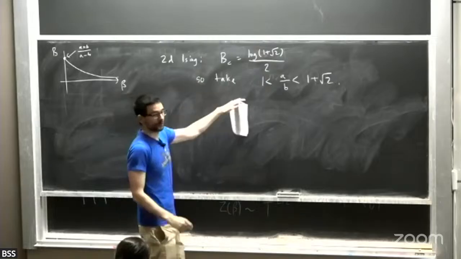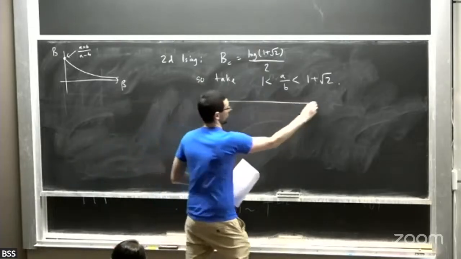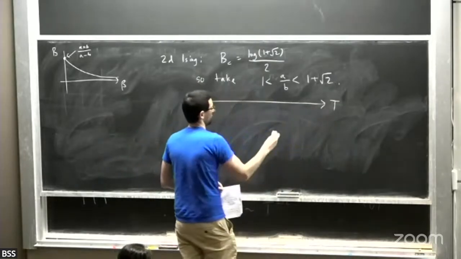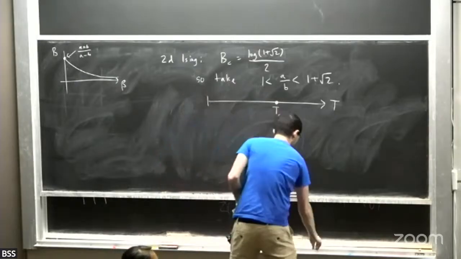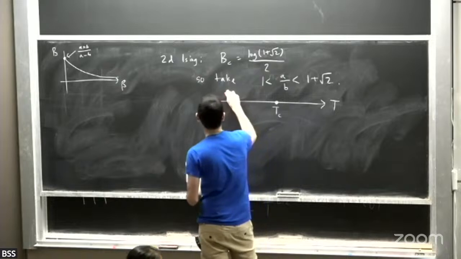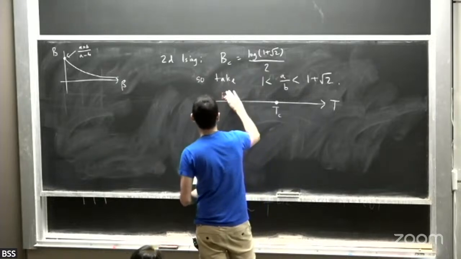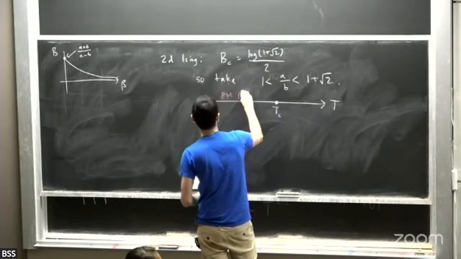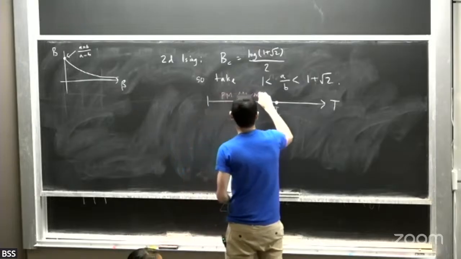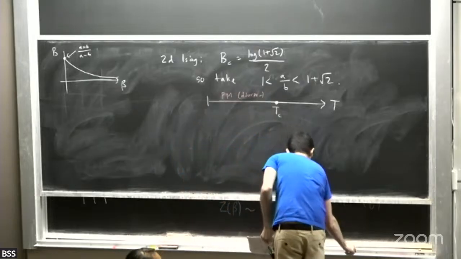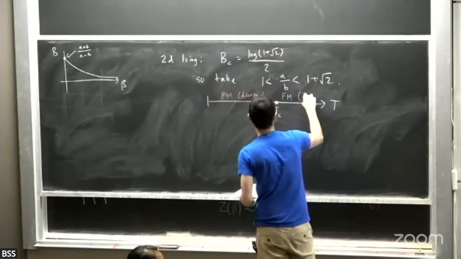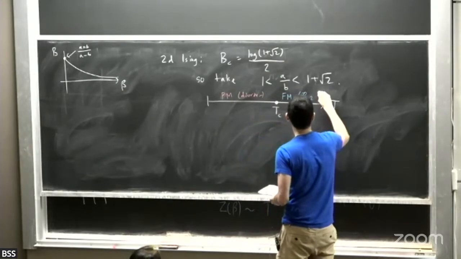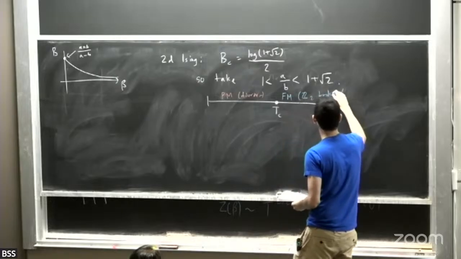If we make this choice, then the phase diagram will look like this. So at low temperature, we have the ferromagnet phase, or sorry, paramagnet phase, which is disordered. And then at sufficiently high temperature, we have the ferromagnet, or the Z2 broken, or ordered phase.